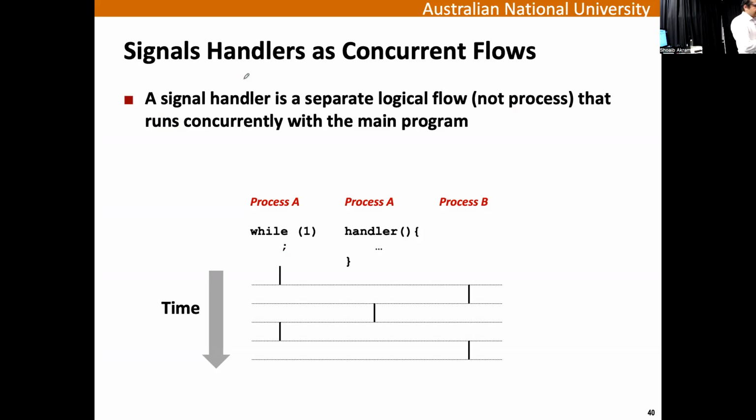A signal handler is not a separate process. It is a concurrent flow, but it is not a separate process. So process A and process B, are they concurrent or no?